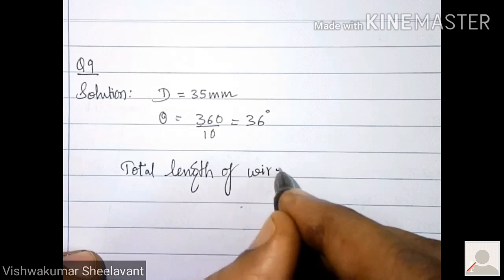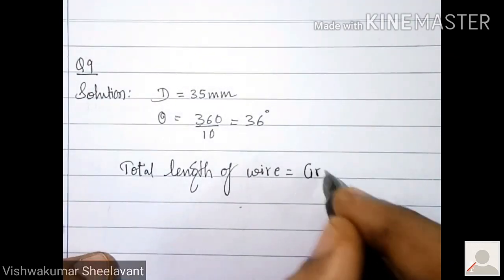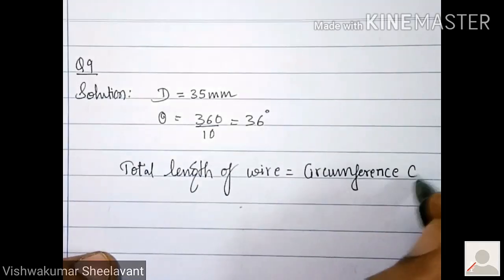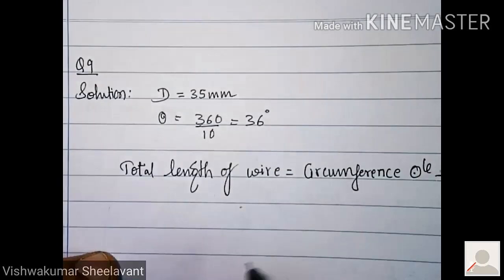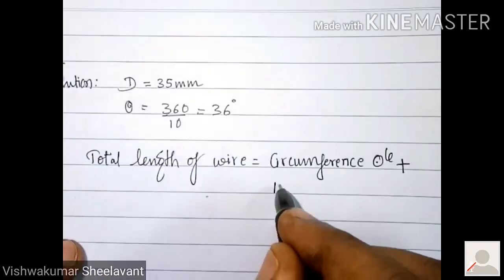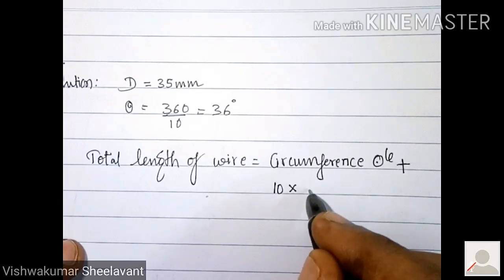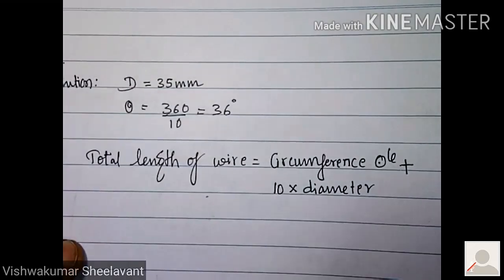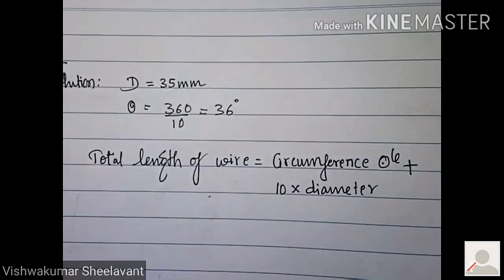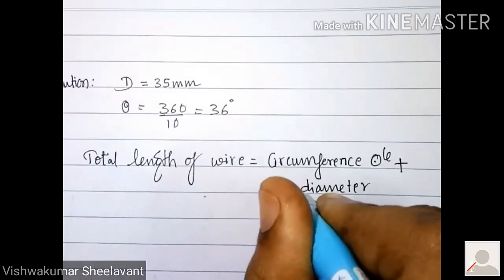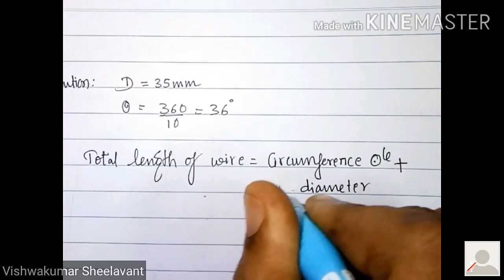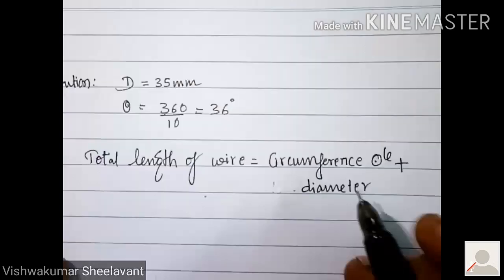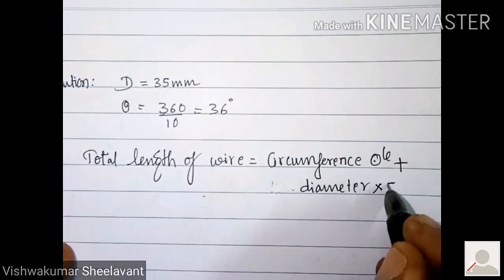Total length of wire is equal to circumference of circle plus 5 into diameter, because only 5 diameters are there, right? 10 radii will be there, 10 sectors will be there, but 5 diameters are there. Plus diameter into 5.